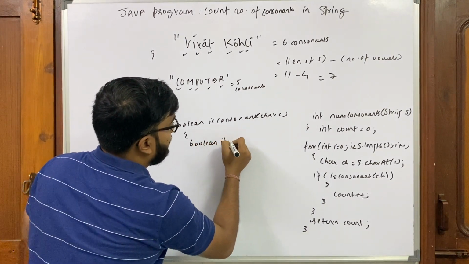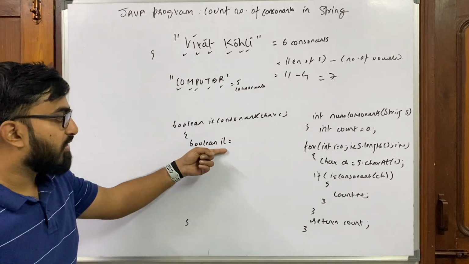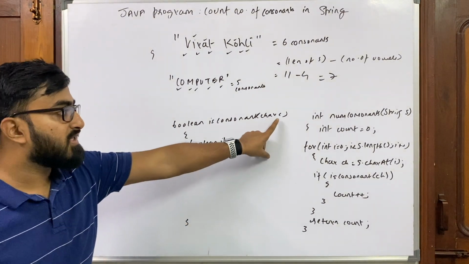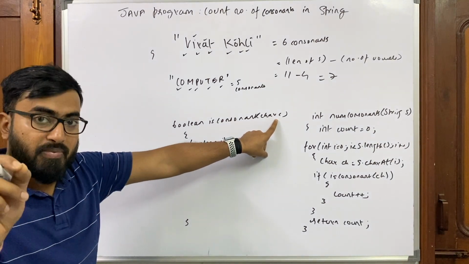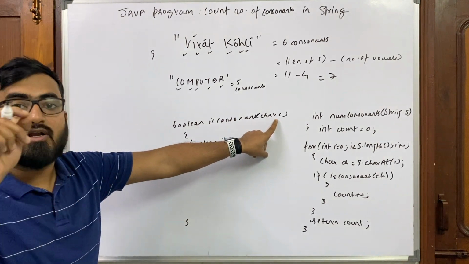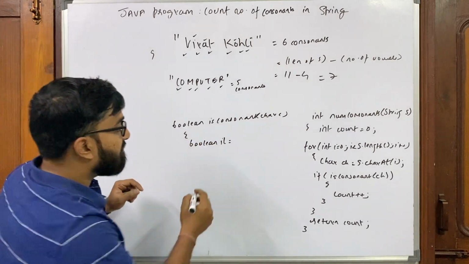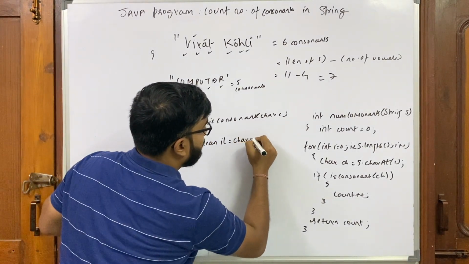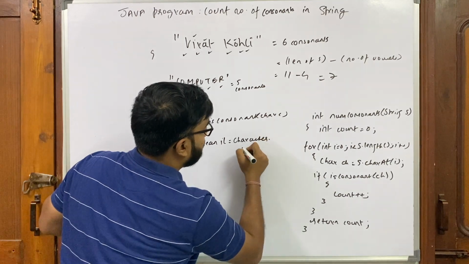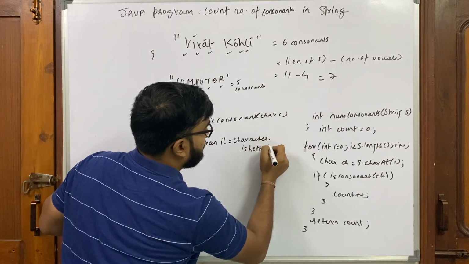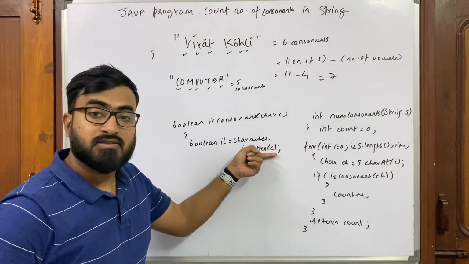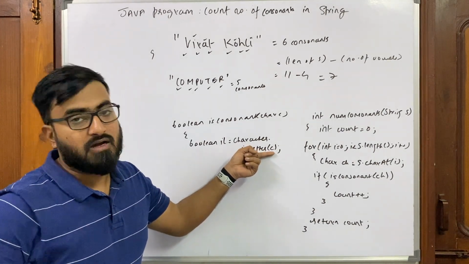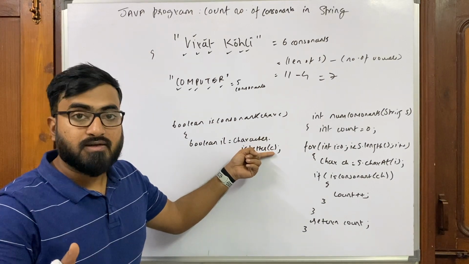So I will say boolean isLetter. This is short for is letter. How do I check if this character c is a letter? That is, if it is something between uppercase A to uppercase Z or lowercase a to lowercase z. I will use a helper method in the Character class, isLetter. This method takes a character, returns true if this is a letter, uppercase or lowercase, otherwise it returns false.